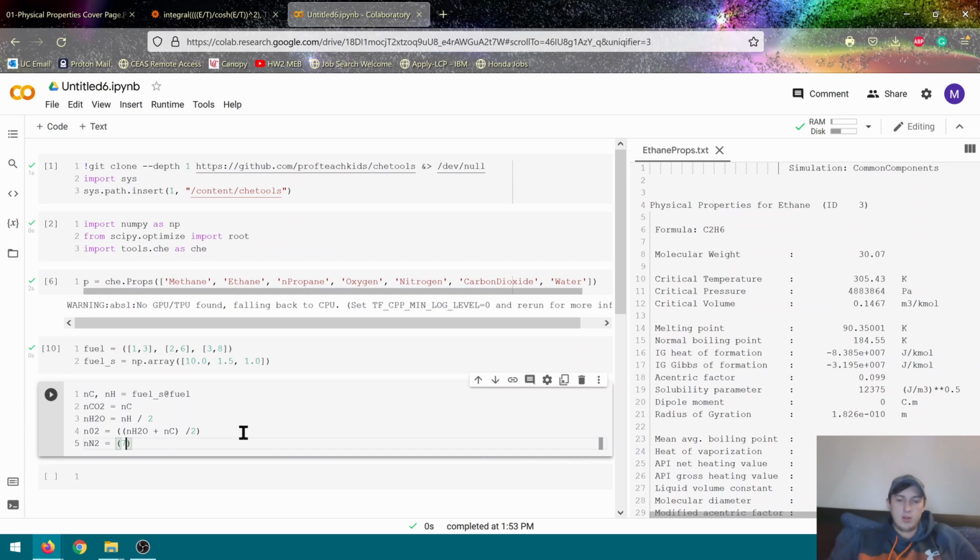So we have 79% nitrogen divided by 21% oxygen, and we're going to multiply this quantity by the number of moles of oxygen, NO2.